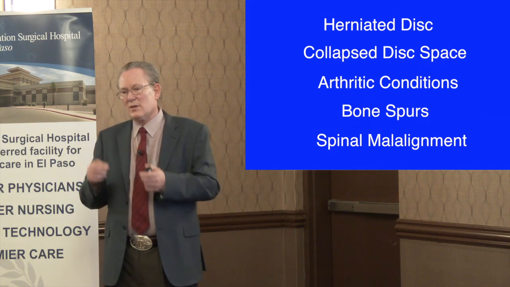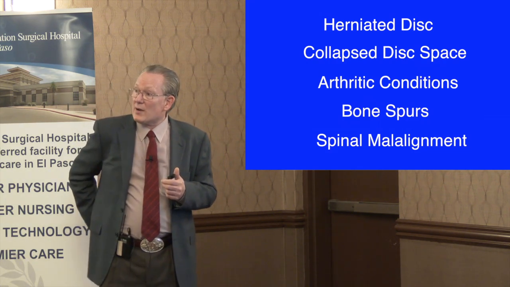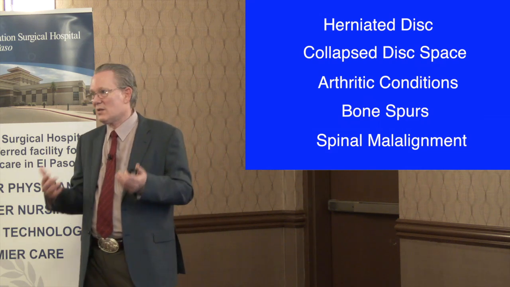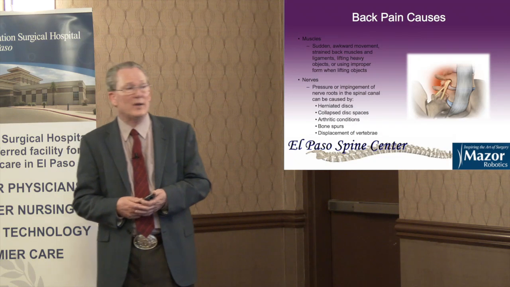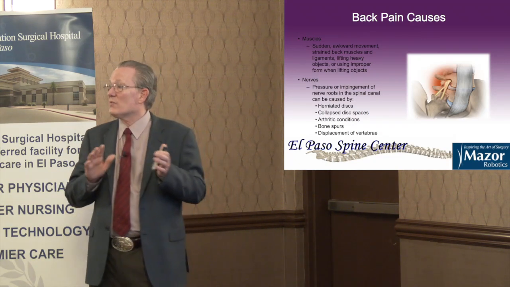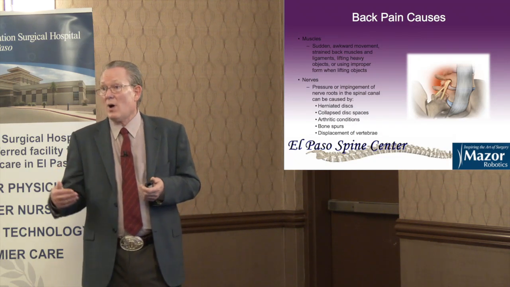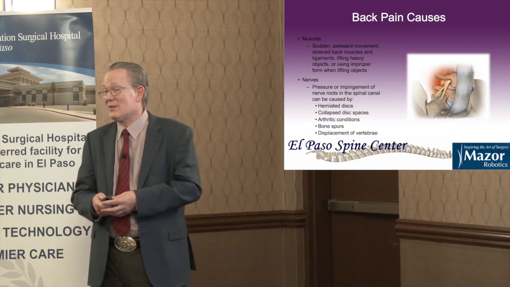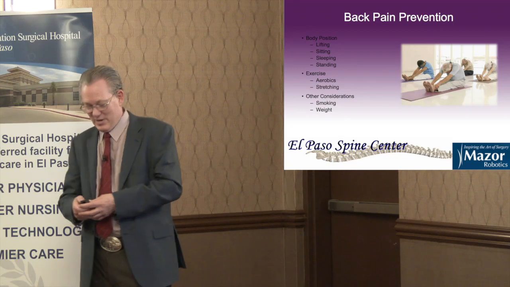Those conditions can pinch a nerve, cause pain in the back, buttock, pain down the leg, which is known as sciatica, can cause numbness, tingling, weakness, difficulty walking. And a certain percentage of those people are going to go on to need surgical intervention. And of course, that's the class that our talk tonight is aimed at.